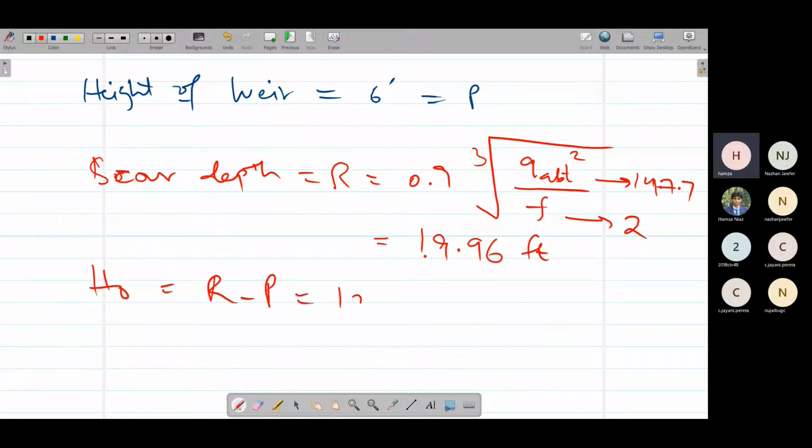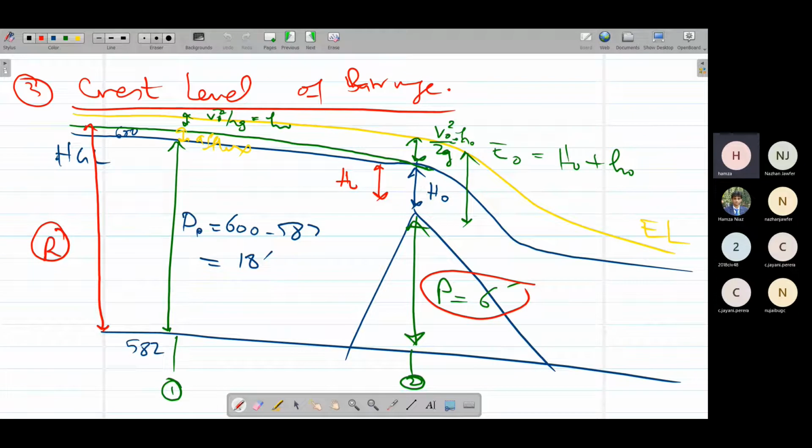We have R as 19.96 and P as 6 feet, so we get 13.96 feet. Simply, if we understand this, we can easily write these values. R, we know this cover depth. P, we have assumed the weir height. Simply subtract them and we get this H naught value. H naught is the head above the weir crest.